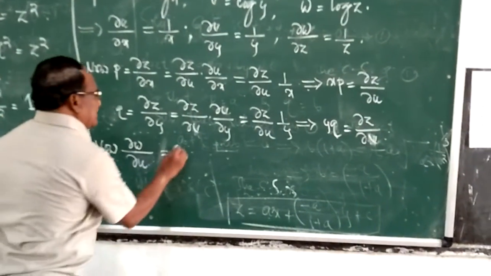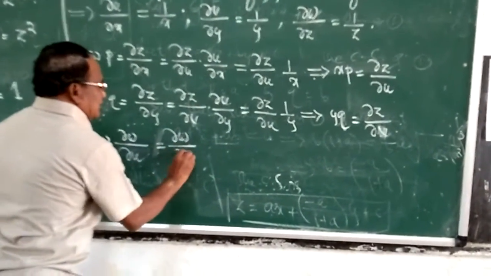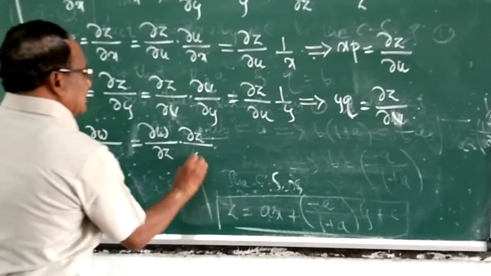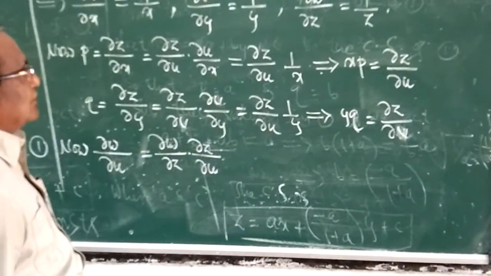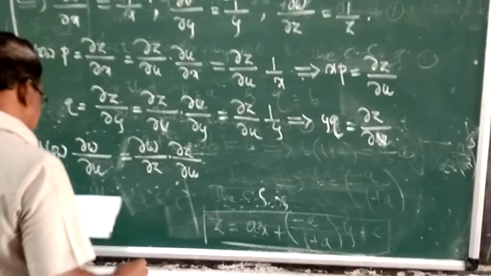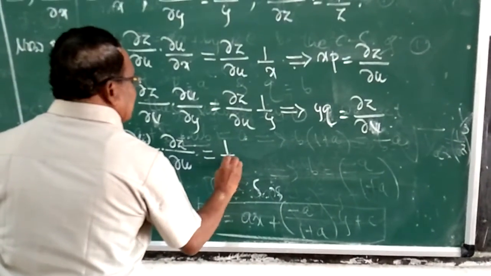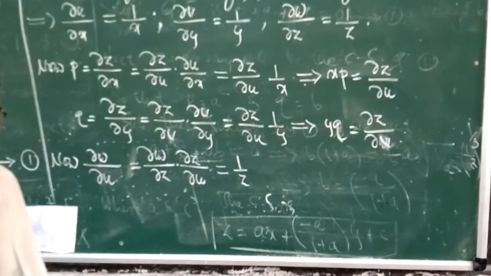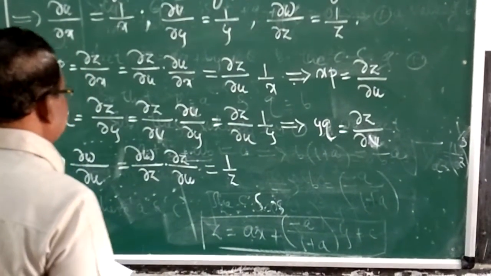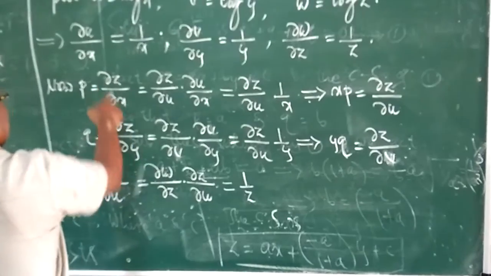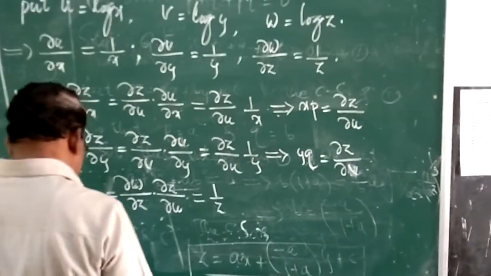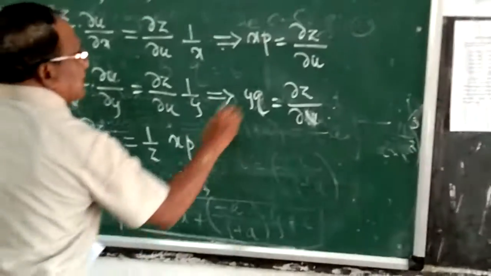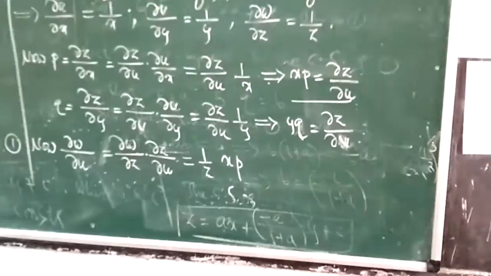It is dou w by dou z into dou z by dou u. Dou w by dou z is 1 over z, into dou z by dou u, that you have to write as it is. Dou z by dou u is xp.